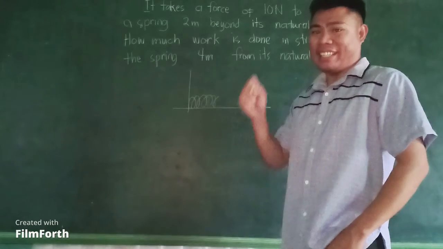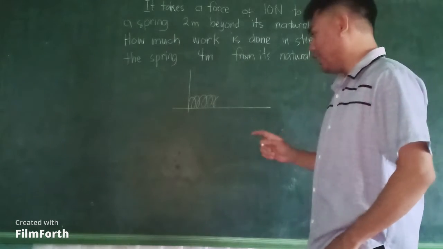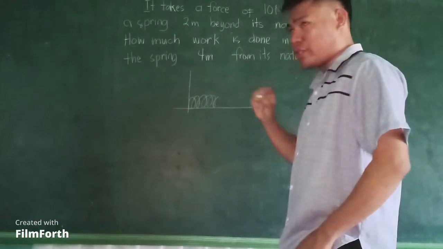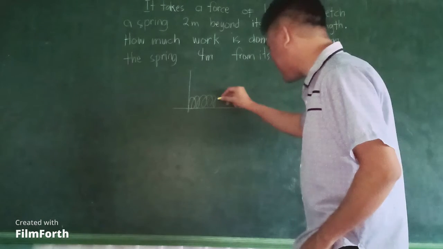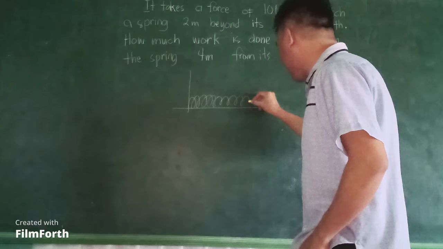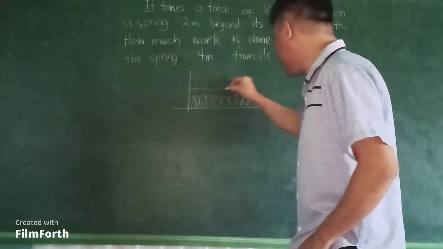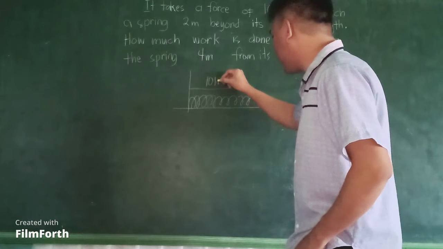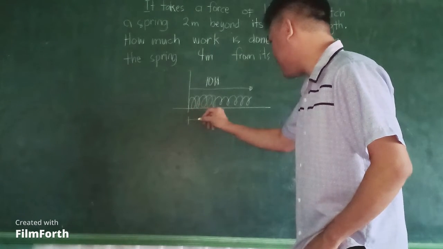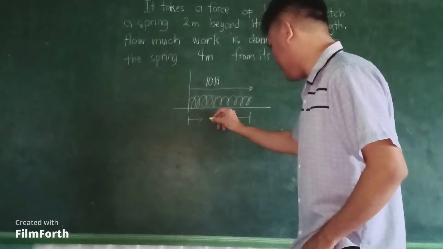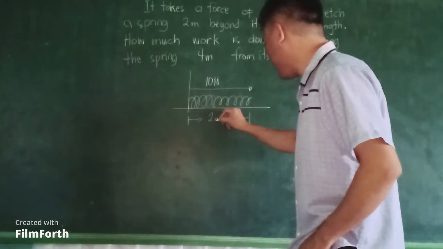If you stretch it with a force of 10 Newton, the length now will be 2 meters. So it looks like this. That's 10 Newtons, and its length is 2 meters.